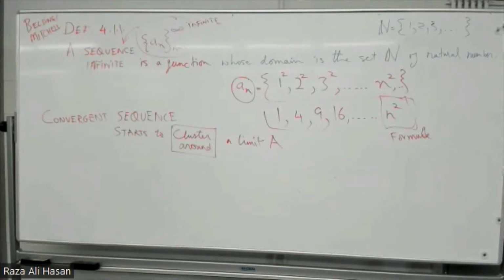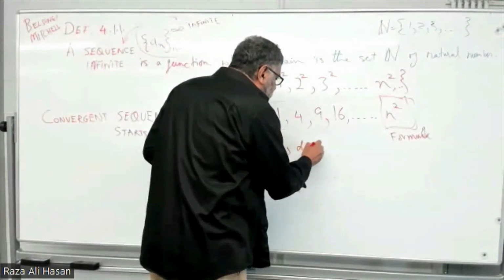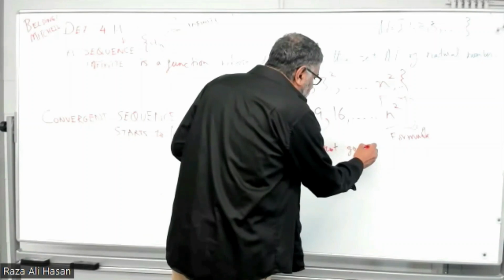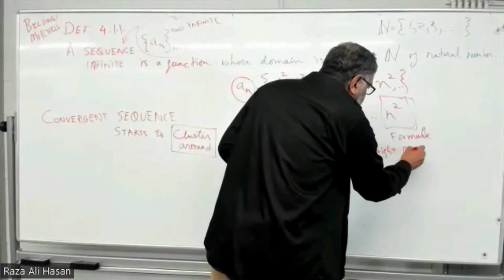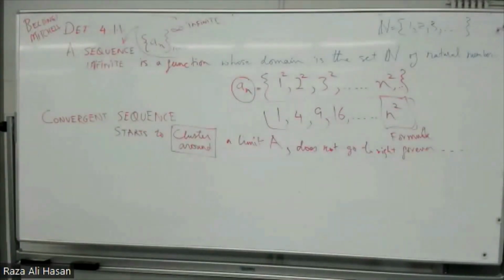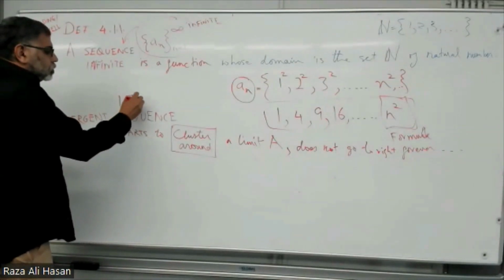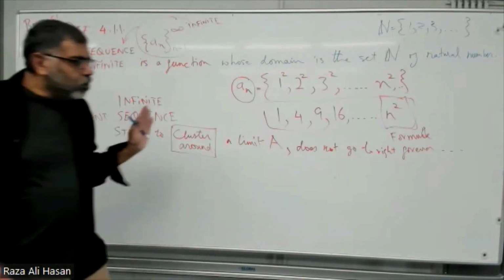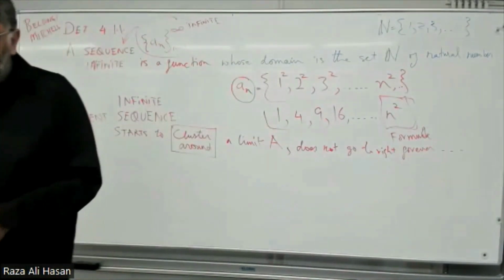And therefore it does not go to the right forever. It's still an infinite sequence, it's just that on the number line, it's not going to go to the right forever. Let's look at what that means.